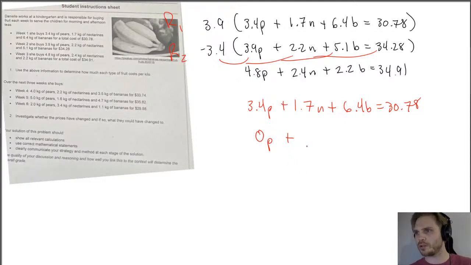Yeah, that's right. That gets us negative 0.85. And then we're going to do 3.9 times 6.4, so we're working on the b's now, minus 3.4 times 5.1, and that gives us 7.62.